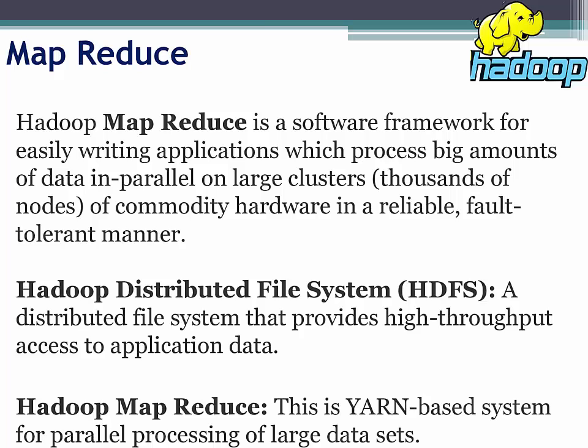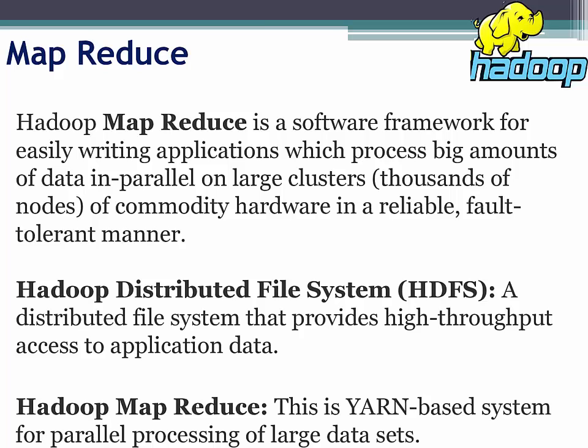The map task is the first task, which takes input data and converts it into a set of data, where individual elements are broken down into tuples, key-value pairs. The reduce task takes the output from a map task as input and combines those data tuples into a smaller set of tuples. The reduce task is always performed after the map task.